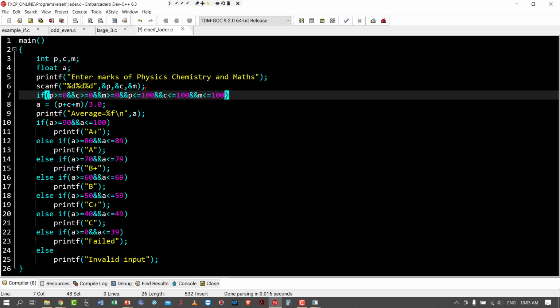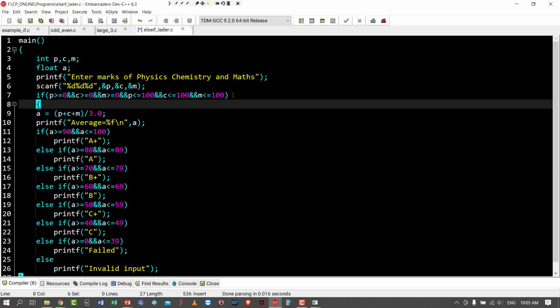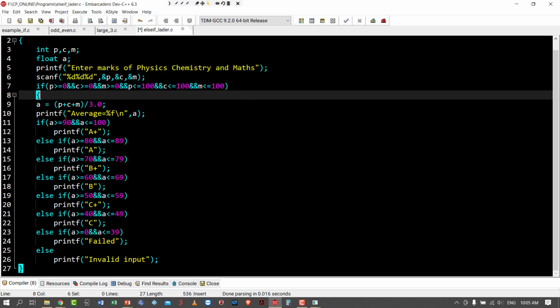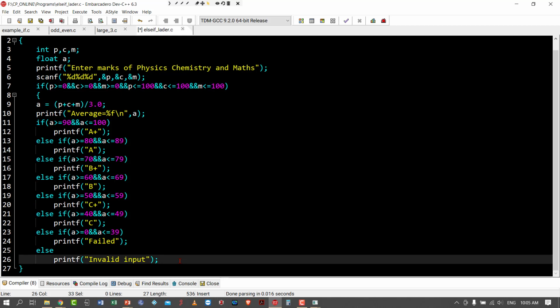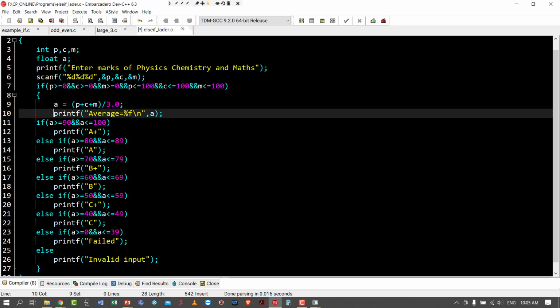Is the condition clear? Yes, sir. Then you have to find the average. These entire things will come under that if statement. So I am putting a bracket here. Listen very carefully. For understanding purposes, I am giving some space also.